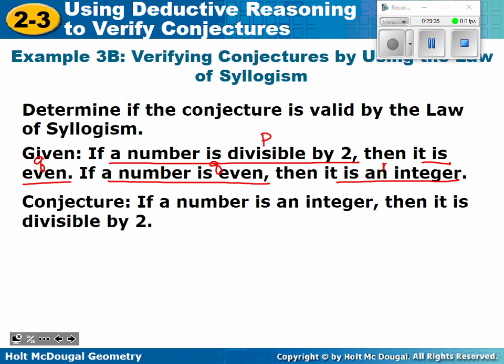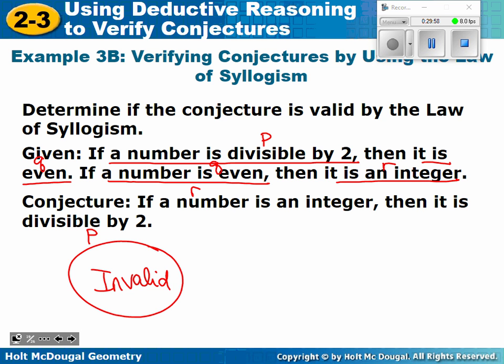Then it is an integer, that's R. Do they do it correctly when they say if a number is an integer, then it is divisible by 2? No. They did R implies P, and we can't go backwards, so this is invalid.